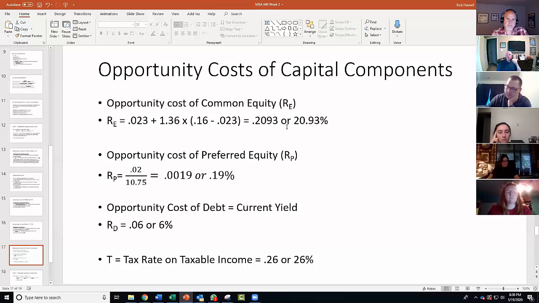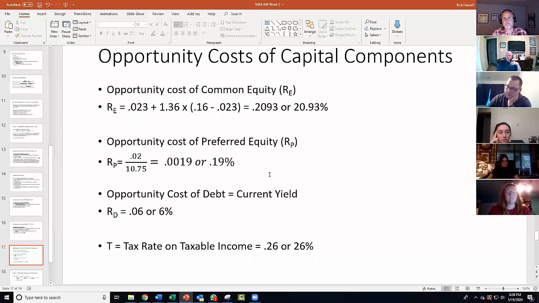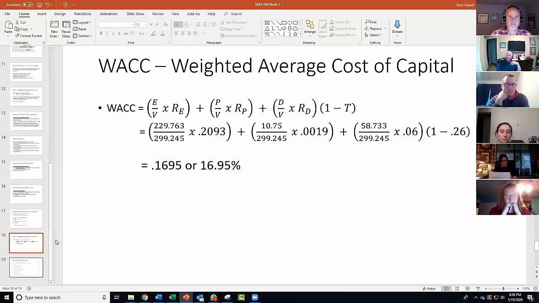Well, if I've gone through and done the calculations we've just talked about, the three different types, I've calculated RE, RP, and RD, and I know my tax rate, I now can put all of that together, knowing my weights, in the WACC equation.